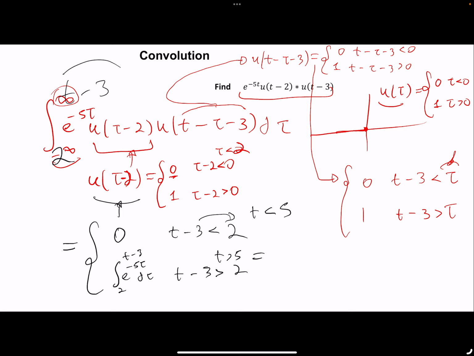I can just rewrite this whole thing as u of t minus 5 times the integral from 2 to t minus 3 of e to the -5 tau d tau, and that's just equal to e to the -5 tau over -5 from 2 to t minus 3. Then you have to evaluate that. Oh, and then I have to multiply this by u of t minus 5. Did I lose anyone?